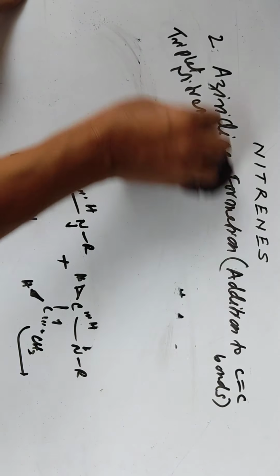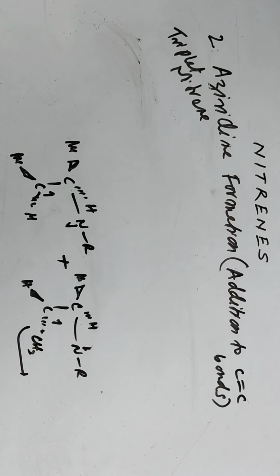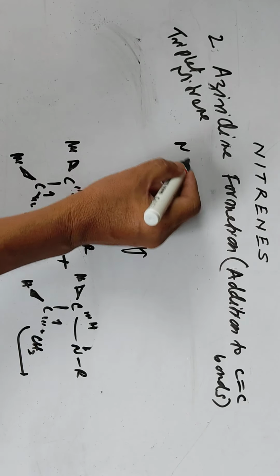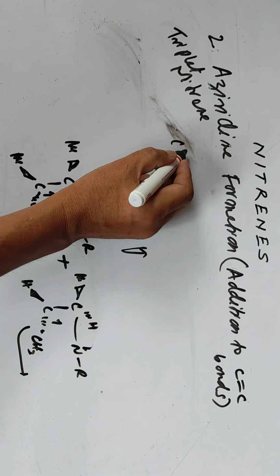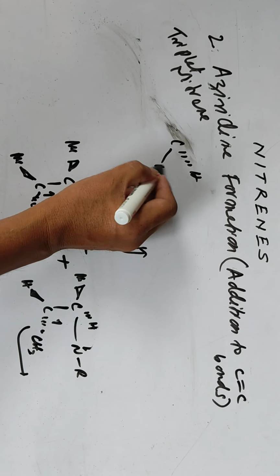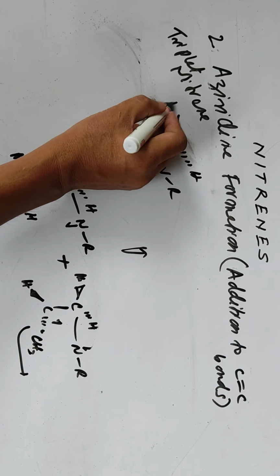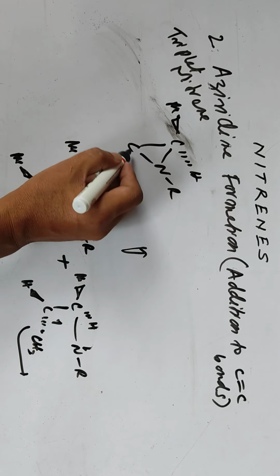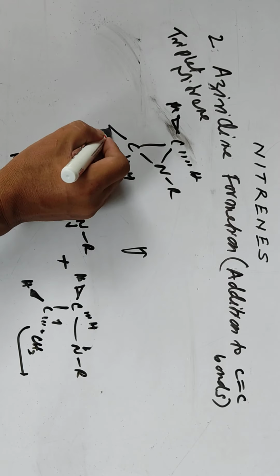So write down here the products. This step will give formation of this hydrogen and NR from this methyl, and this hydrogen, and this methyl group.